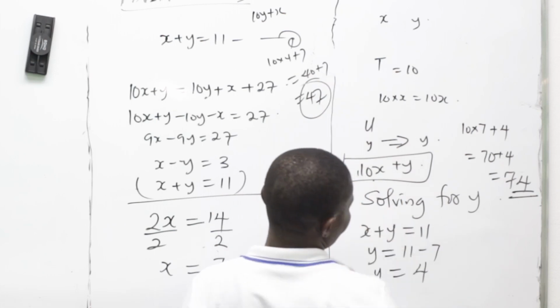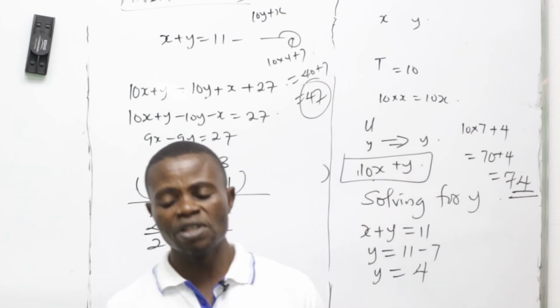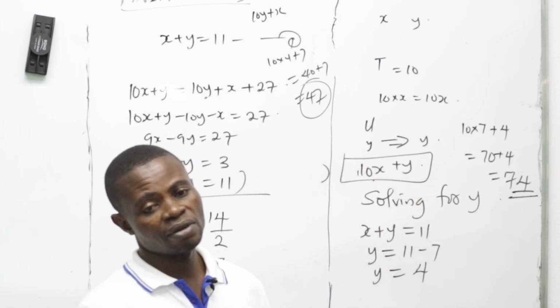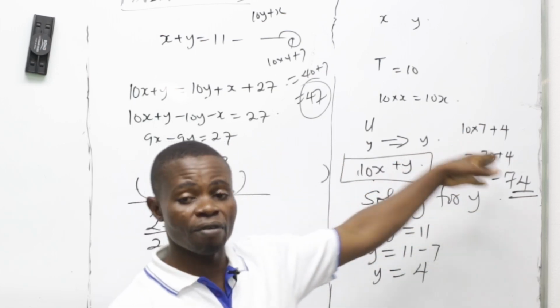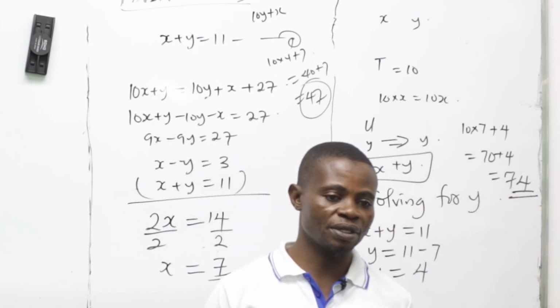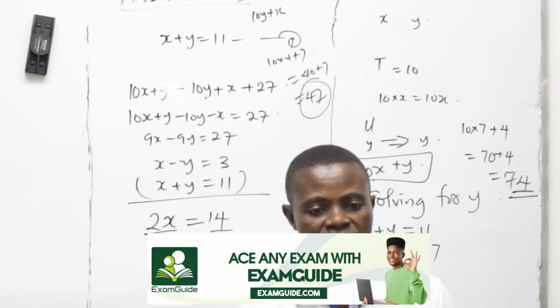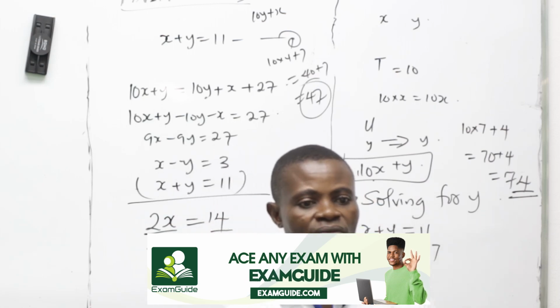So if the number is interchanged, it becomes what? 47. But if the number is not interchanged, it becomes 74. Hence, the number are either 74 or 47 when interchanged. That is the solution to this particular question.